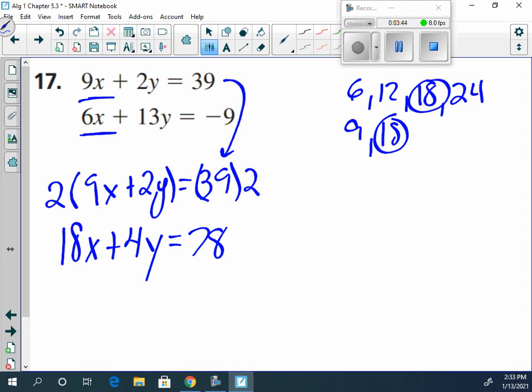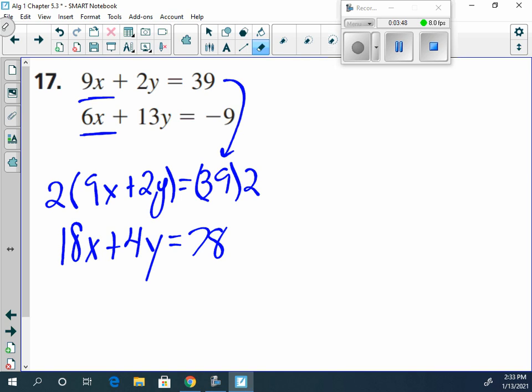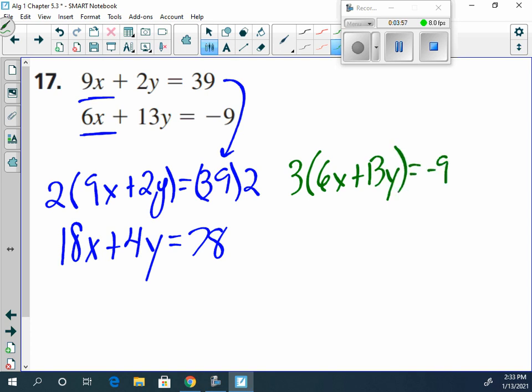Now, what times 6 will give us 18? 3. So I'm going to take the bottom equation and multiply everything by 3. 3 times 6 is going to give us 18x. 3 times 13y is going to be plus 39y.